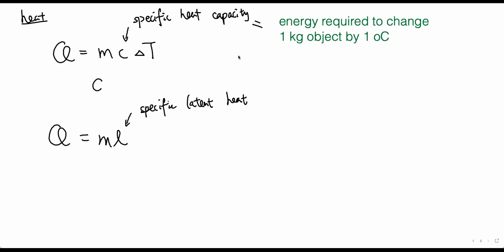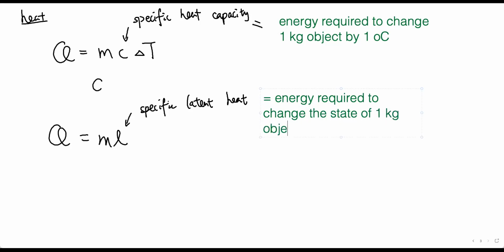And then for specific latent heat, this is the energy required to change the state of 1 kg of object. You also need to mention that it is without change in temperature. When the object is changing state, the temperature is kept constant.